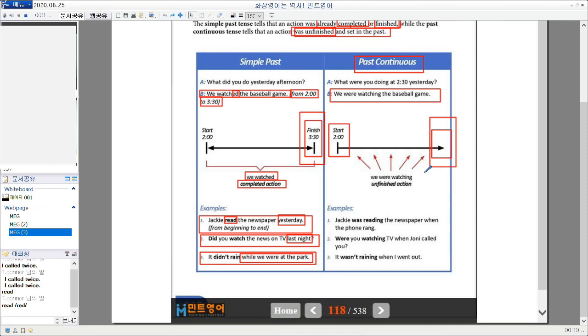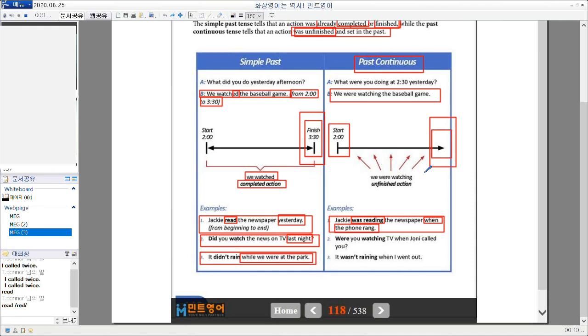Okay. So let's have the examples for continuous. Number 1. Jackie was reading the newspaper when the phone rang. Very good. So let's start here. Was reading when the phone rang. So you were reading, but you did not finish reading.